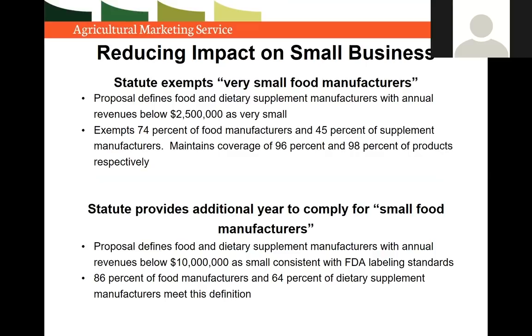The proposed rule uses the FDA labeling standard definition of small manufacturers, with receipts less than $10 million per year, since the businesses covered by both rules overlap. This helps us synchronize schedules with the FDA, further reducing wastage of labels. An additional 12% of food manufacturers, over and above those fully exempt, and 19% of dietary supplement manufacturers will receive this additional time under the proposed rule.